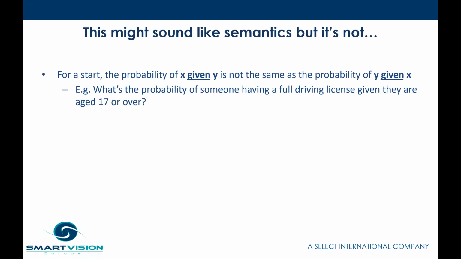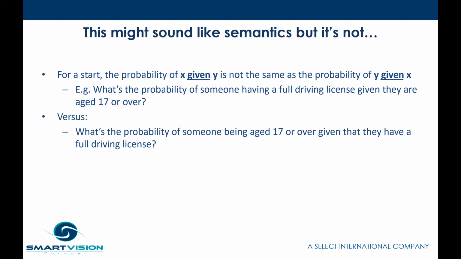For example, the probability of x given y is not the same as the probability of y given x. So what's the probability of somebody having a full driving license given they're age 17 or over? Might be about 0.75. I think it's about 75% of people age 17 or over in the UK have a driving license.